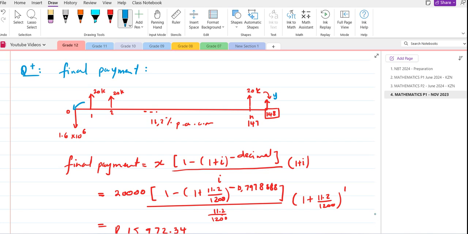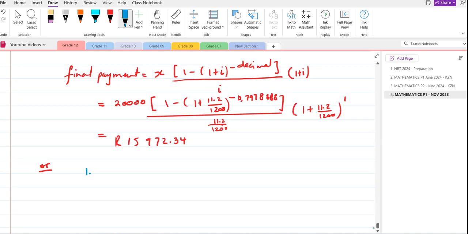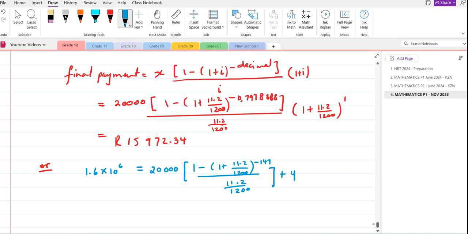So you're going to be solving this equation: 1.6 times 10 to the power 6 equals 20,000 into 1 minus (1 plus 11.2 over 1200) to the power negative 147, divided by 11.2 over 1200, plus Y. I'm splitting up the payment, so 1 plus 11.2 over 1200 to the power negative 148. So now I can solve for Y.